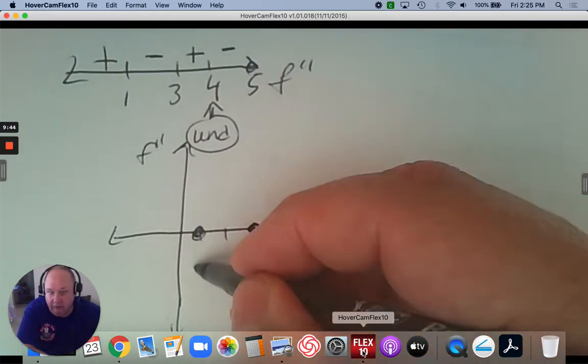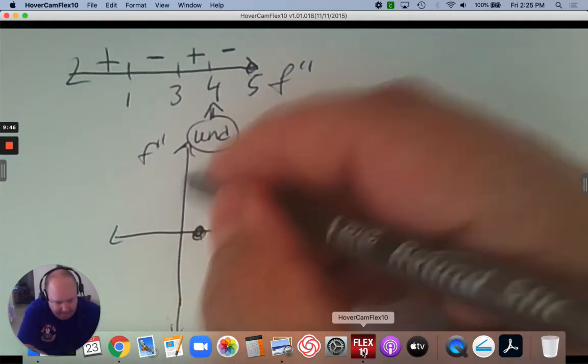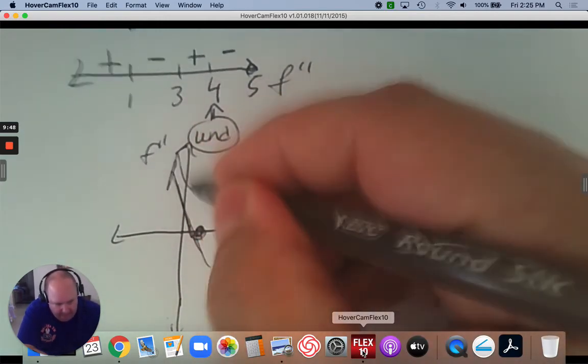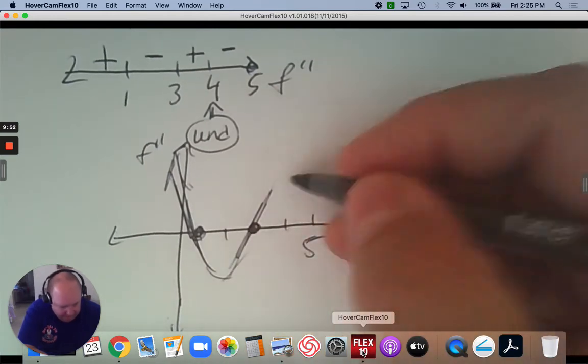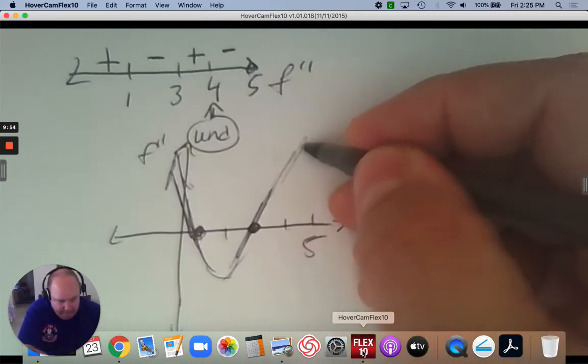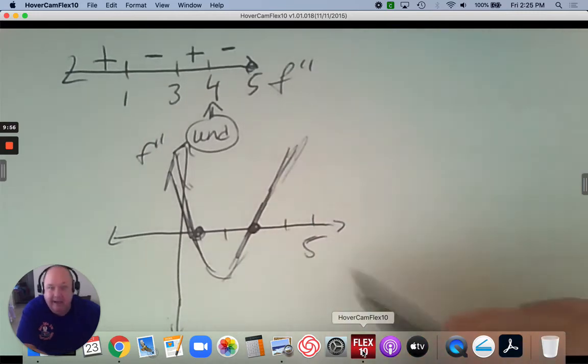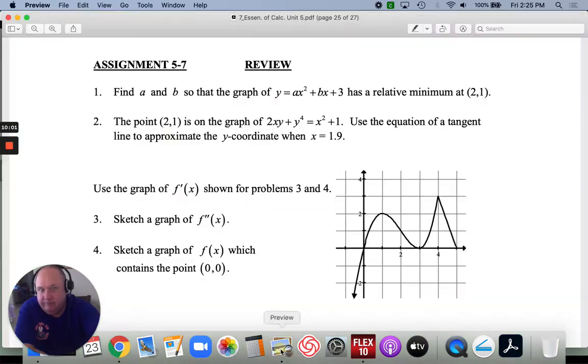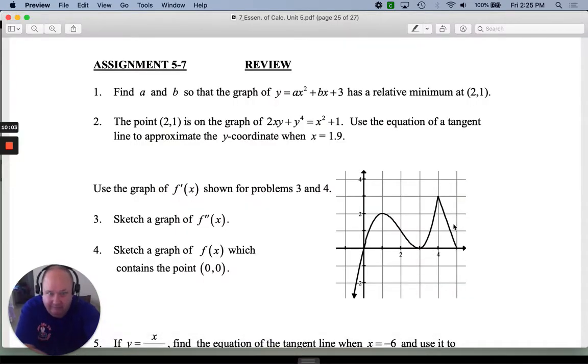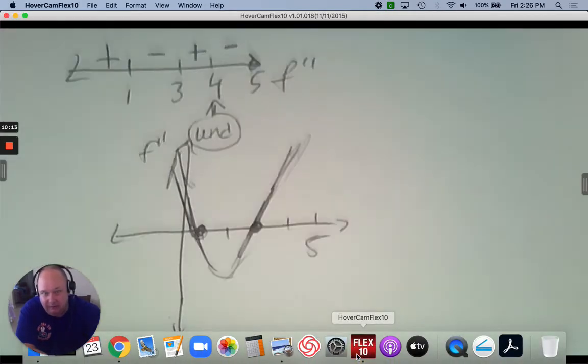So first of all, it's above, and then it's below, it's above, and then from 4 to 5, it's a line. So from 4 to 5, what's the slope of this line? So count down how many down and how many to the right. So it's -3. So the slope is -3.